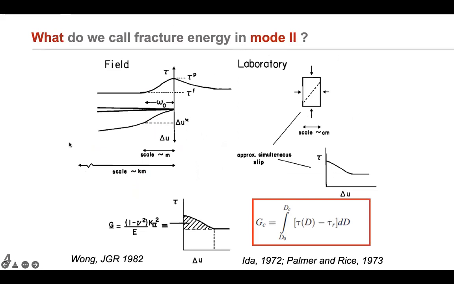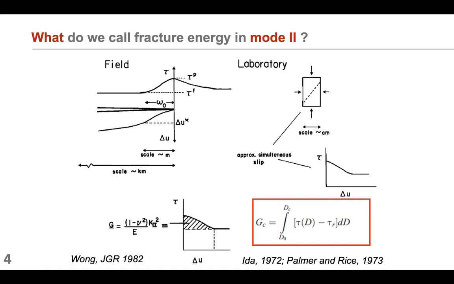This is what I took from the paper of Teng-fong Wong, but also from the paper of Ida and Palmer and Rice, where the authors suggested that the fracture energy corresponds more or less to the integral of the change in stress with accumulated slip behind the crack tip. You can also see that this area is expected to depend on the stress intensity factor, as in mode 1 and as I showed you in the first part.